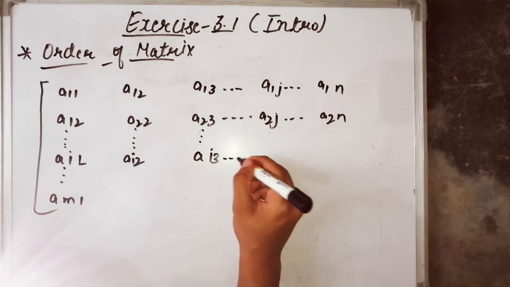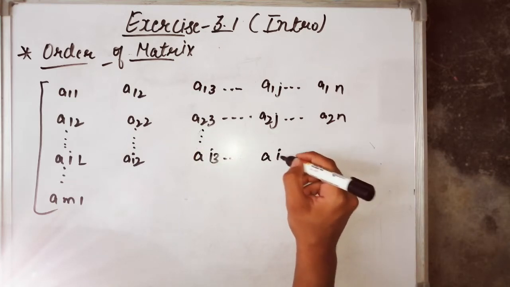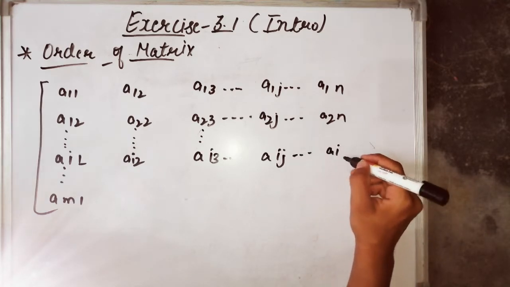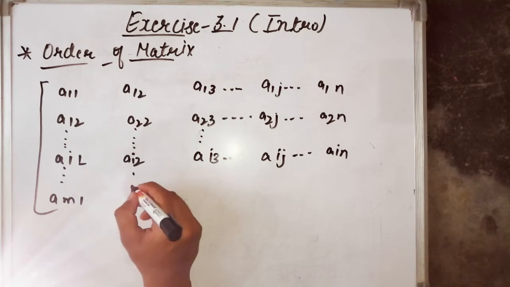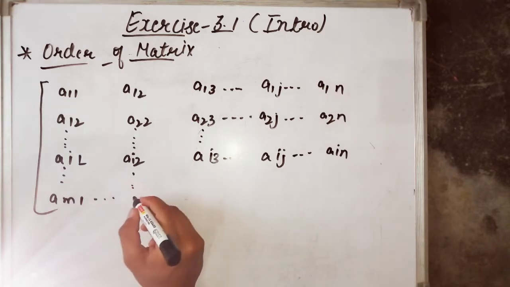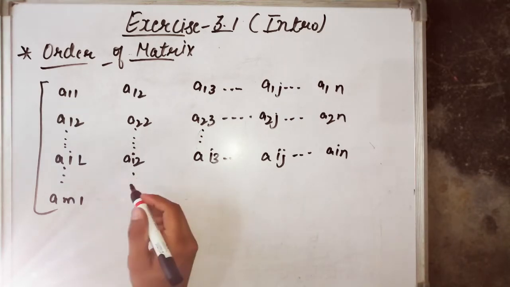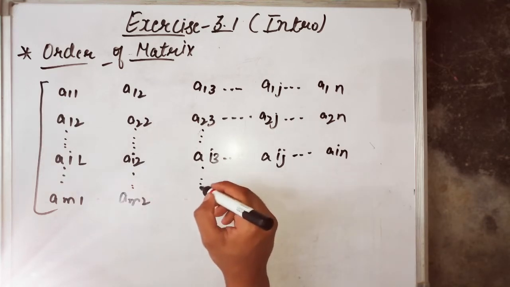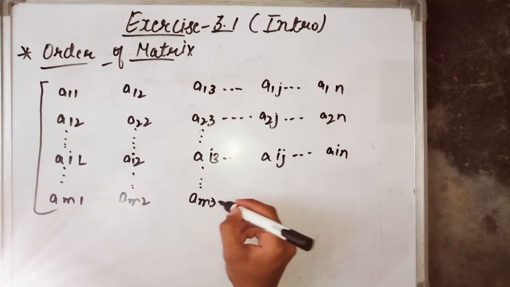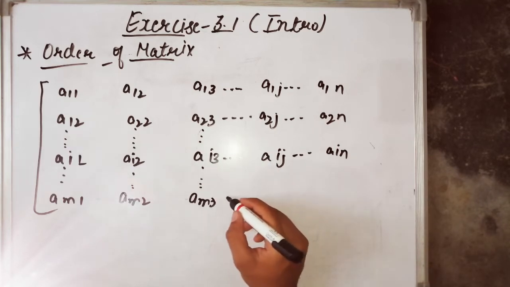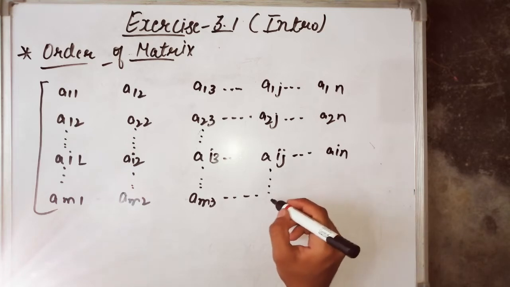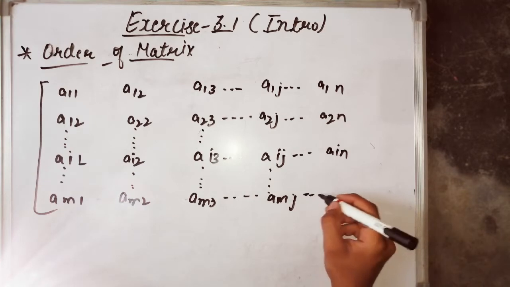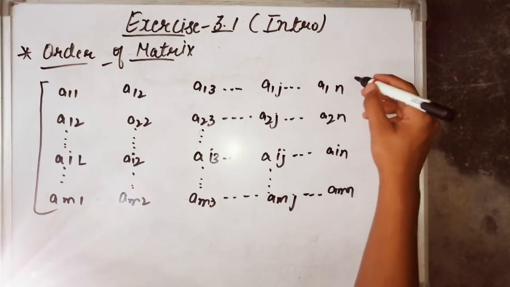making dots here, aij, and here ain. Okay, am2, am3, amj, and at last amn.